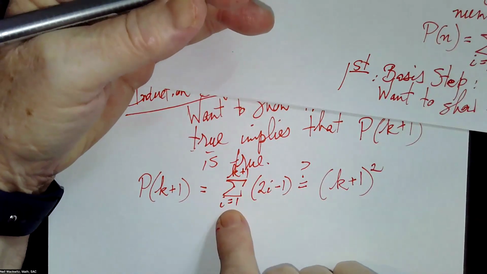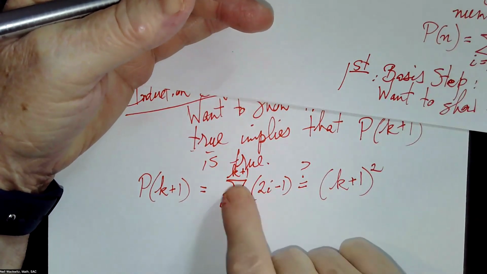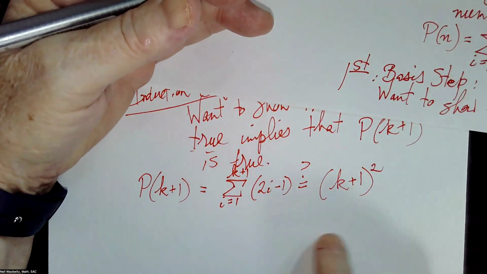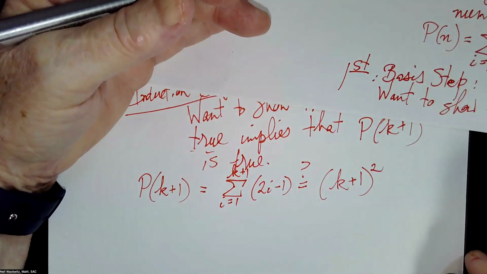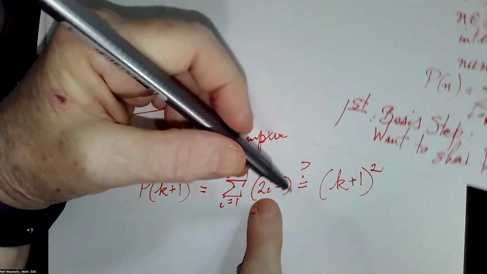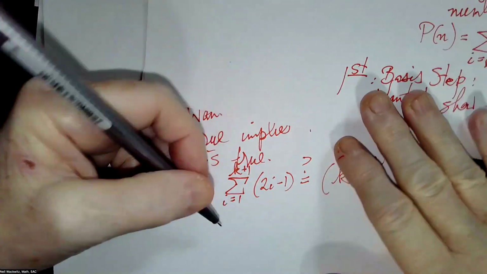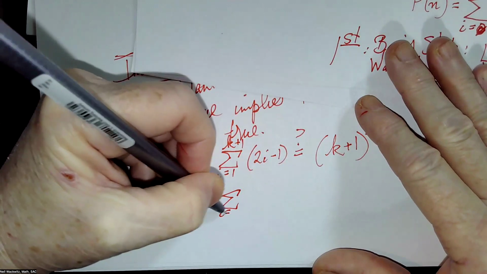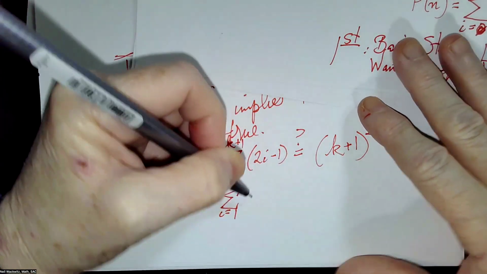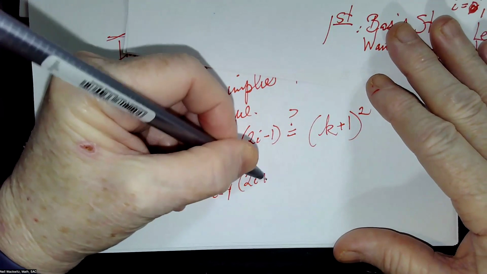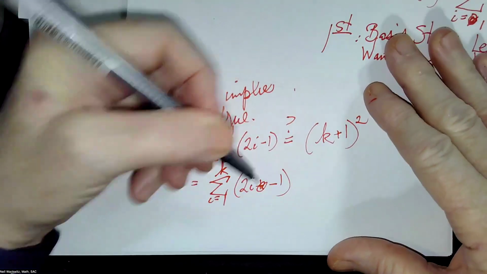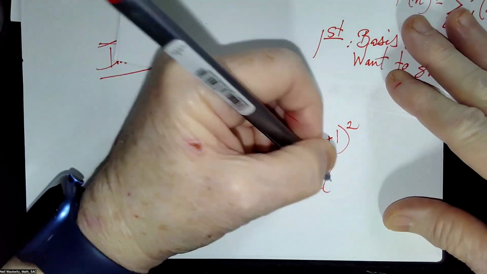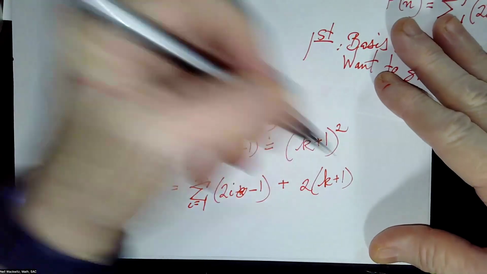But if the sum as i goes from 1 to k plus 1 is just a list of numbers, and we're going to end with i equal to k plus 1, I can write that as the sum of the first k numbers plus the k plus first one, 2 times k plus 1 minus 1.